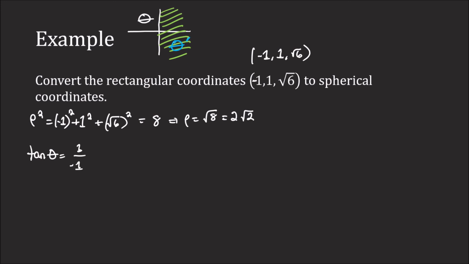So what do we have to do to go from the fourth quadrant to the corresponding angle in the second quadrant? We have to add pi. So this becomes pi plus the arctan of minus 1, which is pi plus negative pi over 4. So we have 3 pi over 4.